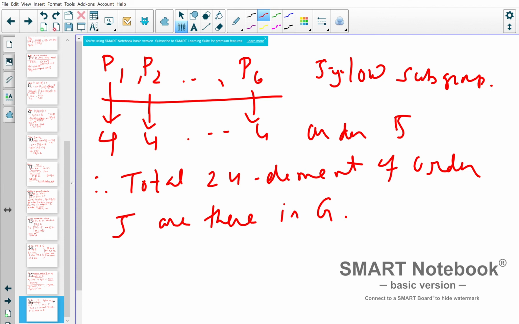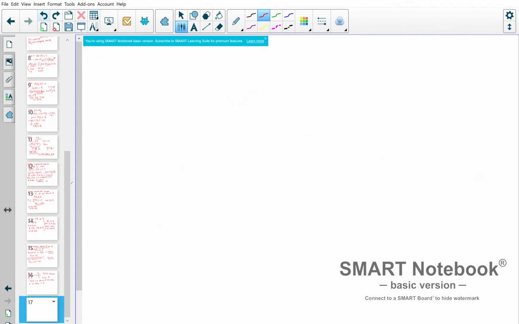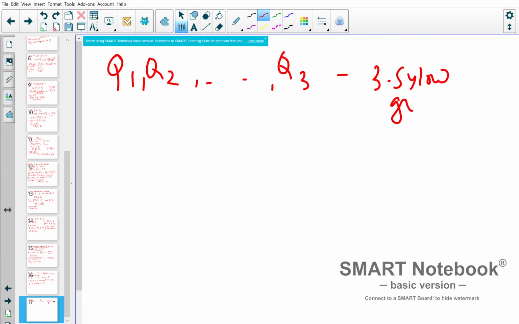Now similarly you check the Sylow 3-subgroups Q1, Q2, up to Q10, since there are 10 of them. These are all cyclic groups of order 3, and except the identity, all elements have order 3.